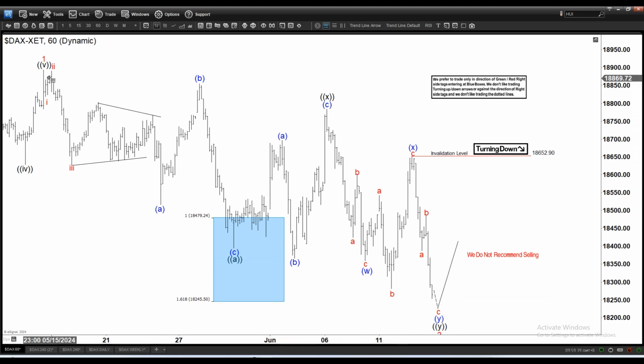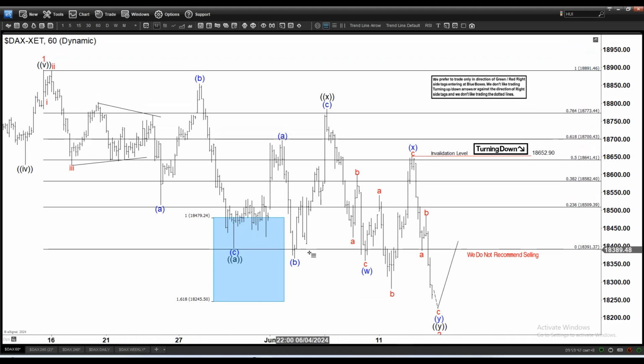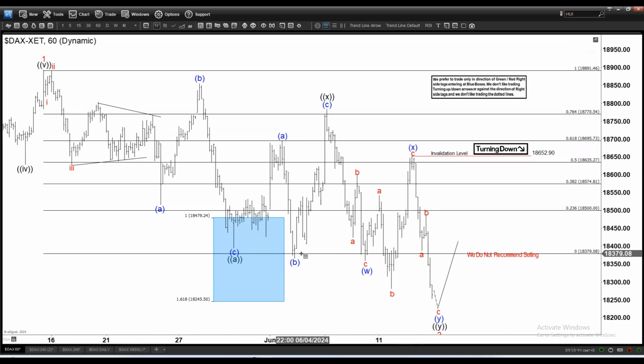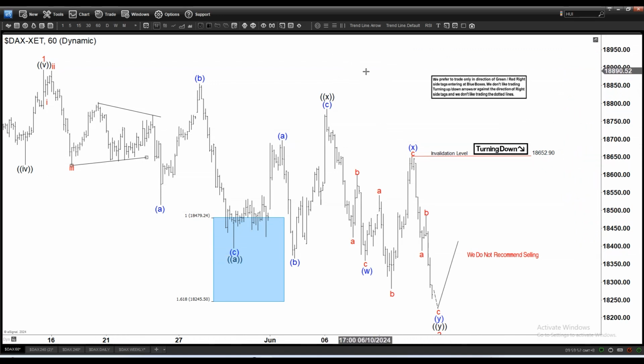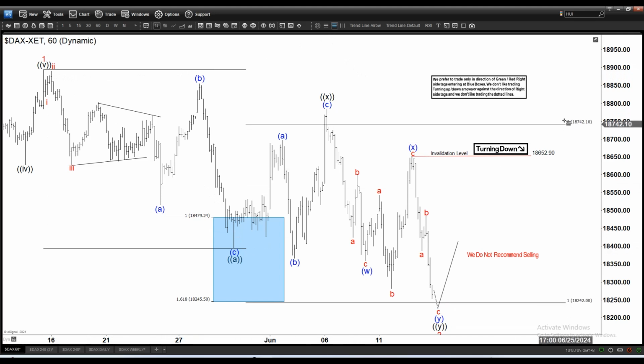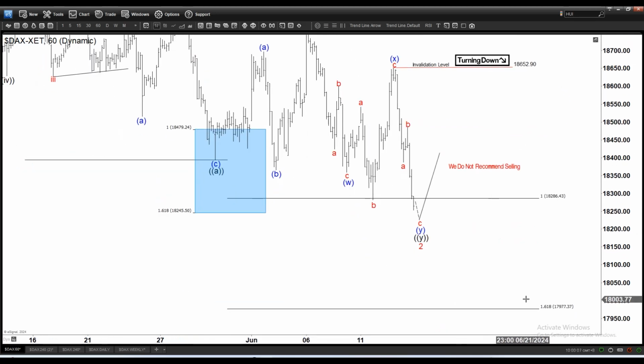Now the other possibility is that this rally here is a strong rally. If you look at the retracement, this is almost an 80% retracement. So when the retracement is so deep, there is always a risk of a flat. Now if it is a flat, guys, then the target level is not going to be very clear, because in a flat structure sometimes it can go all the way down even until 1.618.